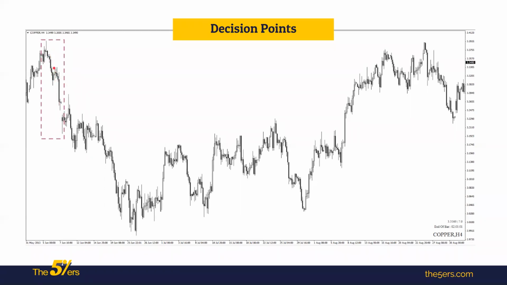It's very easy and visual to see that turnaround and also the impulse and the strength of the move down. So we can see that around this area, there was a decision to change price. It's very easy, it's very simple, and it's very powerful.